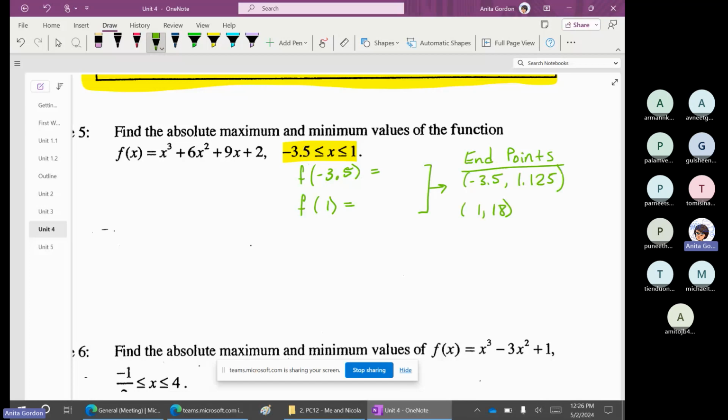We got them. Now let's take the derivative and find the critical point coordinates. So if I take this derivative, f prime, 3x squared plus 12x plus 9, this is the same as before. This is from example 4.